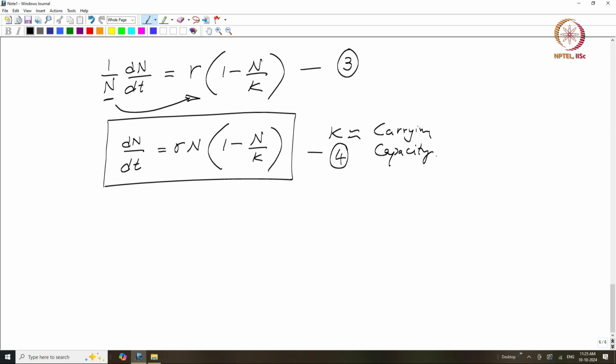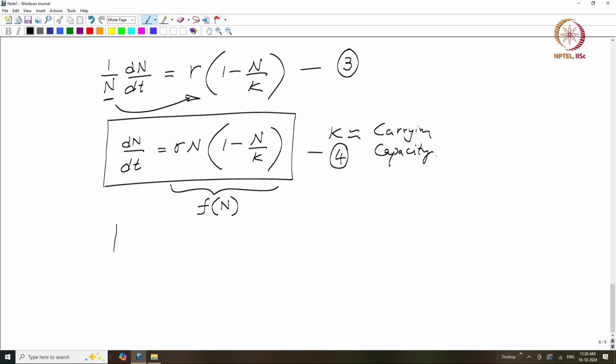But mathematically they are equivalent. We did plot the right hand side of equation 3, that was a straight line that showed how the per capita growth rate changed with population size. Now what is this right hand side here? Let us denote this by f of N, a function of N. This is basically the entire population growth rate, dN by dt. dN by dt is the entire population growth rate.